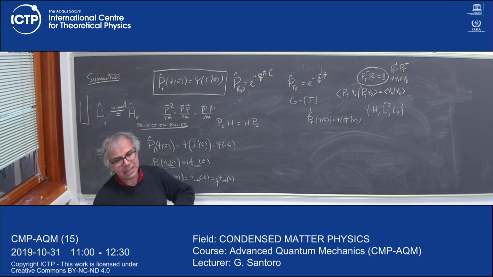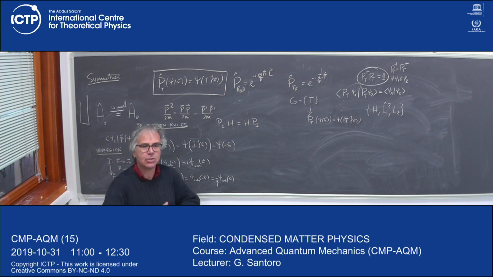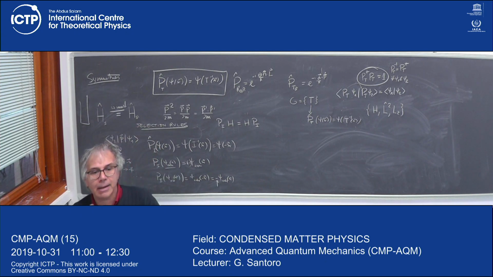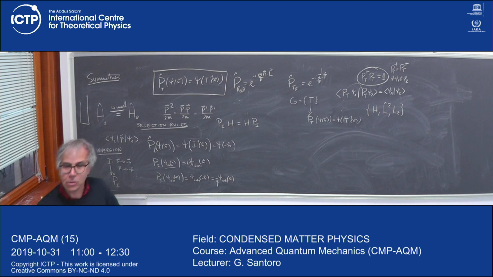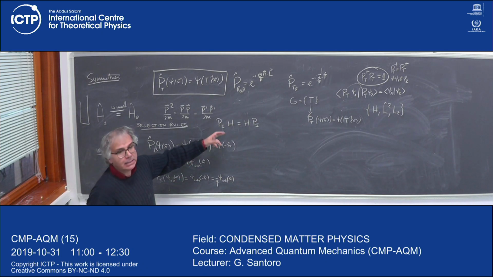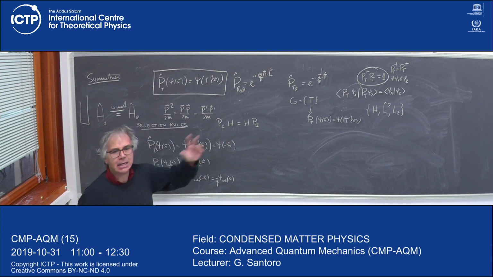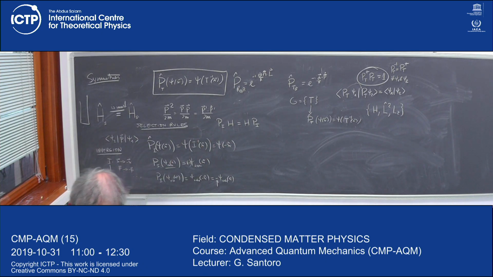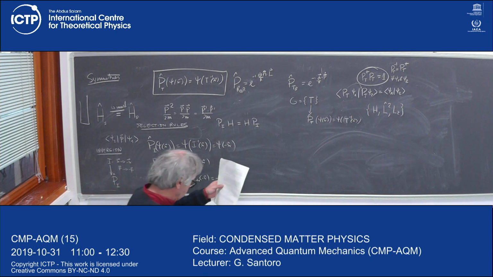We selected the even functions and the odd functions separately. We could do that just because the Hamiltonian was parity invariant, and therefore it commutes with the parity operator, and therefore I can find even and odd eigenfunctions of the Hamiltonian. Good, so we already used that.